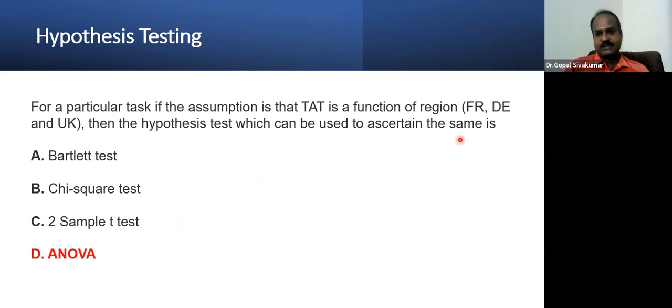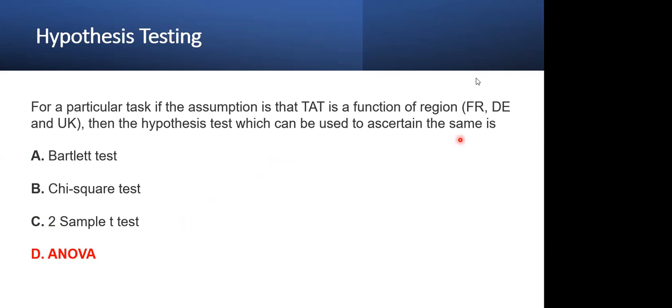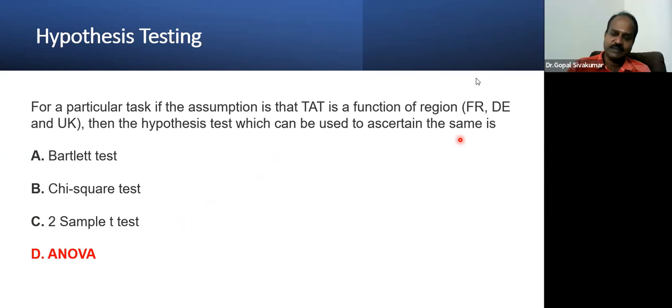Bartlett test is a test of variance. See, we take decisions using statistics, right? Statistics can be average, standard deviation, proportion, variance, isn't it? Statistics can be sum of squares, range, median.